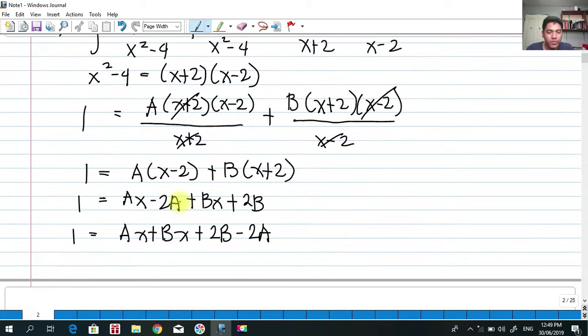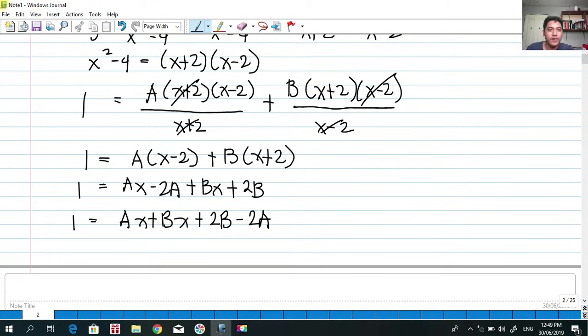So let us now try to find the values of a and b. So 1 is equal to, let's factor out x, a plus b, okay, and x plus 2b minus 2a.